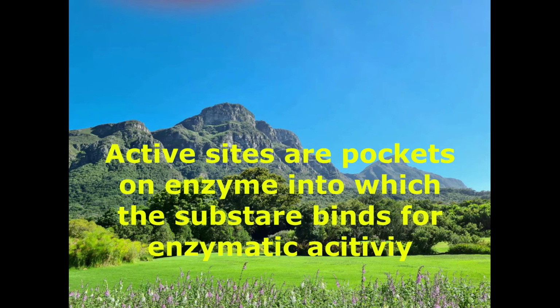One such pocket is called the active site. The significance of this active site is that it is the pocket into which the substrate comes to fit for the enzymatic reaction to take place. The substrate attaches to this active site.